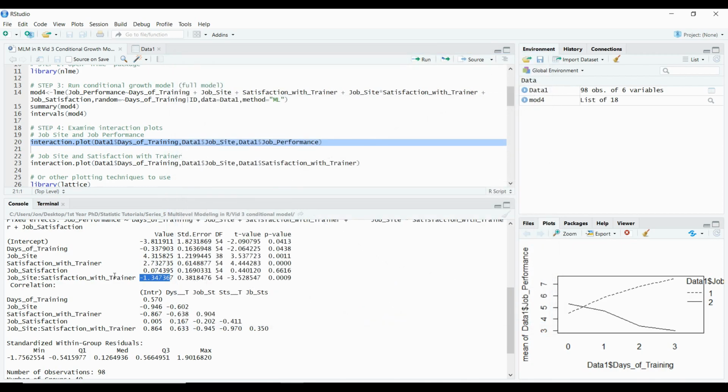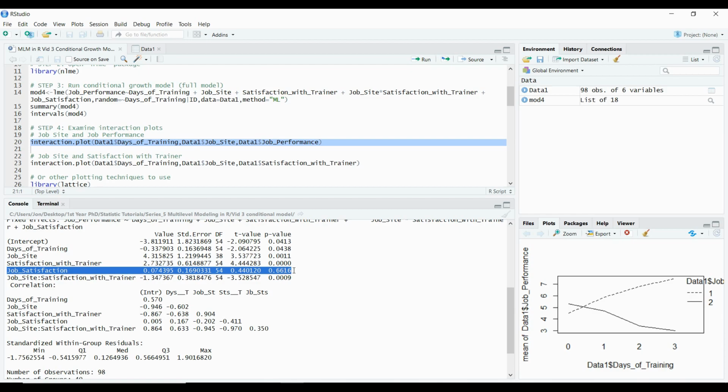So that is a good thing. We could see that there was an interaction, and based on our research question, we were able to discover that interaction. At this point, interpreting the other values is not as important because the interaction was there, but we can quickly look at some of the main effects now. Here's one to look at, overall job satisfaction.